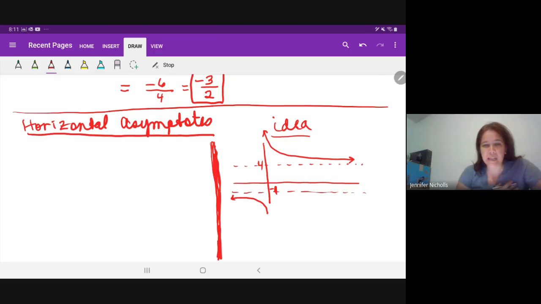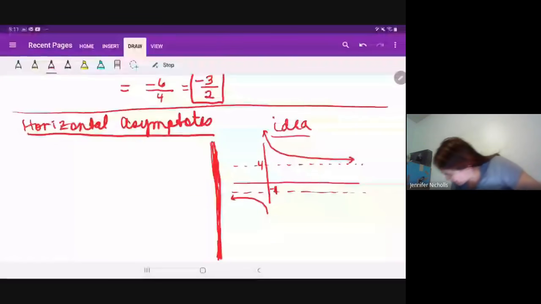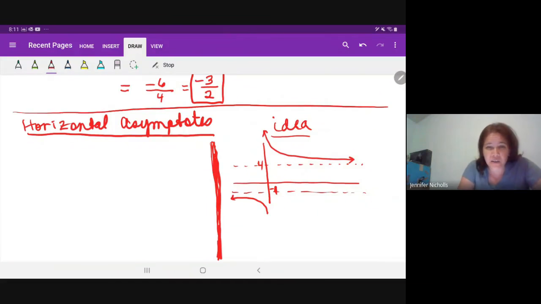And no picture will be needed on the problems. It does say in the book, like, use a graphing calculator to draw it, but I don't think anybody cares if you do that. Okay, so take a look at this.